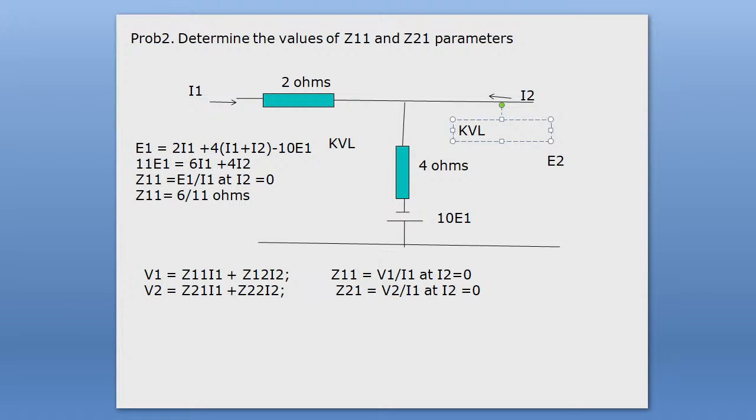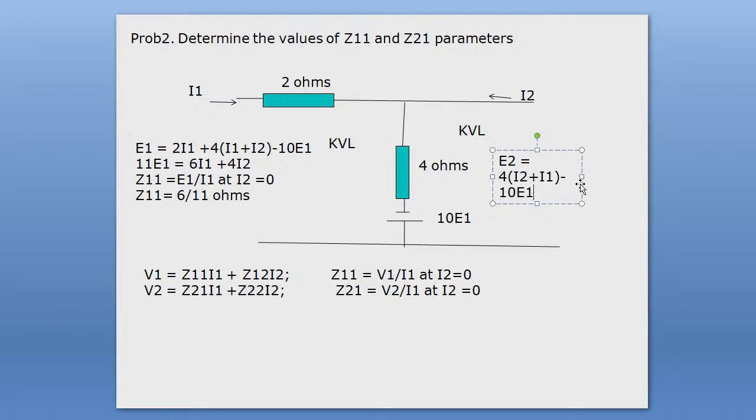Kirchhoff voltage law. For this case, you can write E2 equals 4 times (I2 plus I1) minus 10 E1.